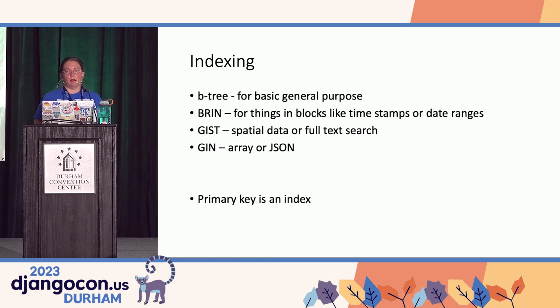So if you have just text data, you'll be fine with a B-tree index. If you've got lots of date range and time series data, you'll want a BRIN index. There are some nice spatial data indexes like GiST and the new SP-GiST. And if you're using a lot of the newer Postgres JSON functionality, you can use a GIN index for that.